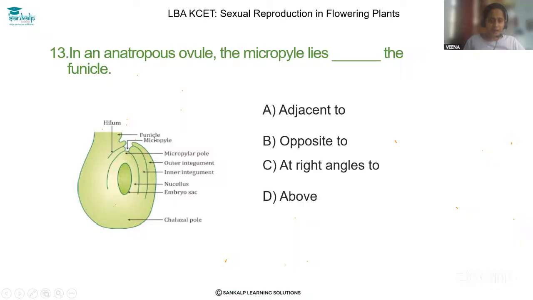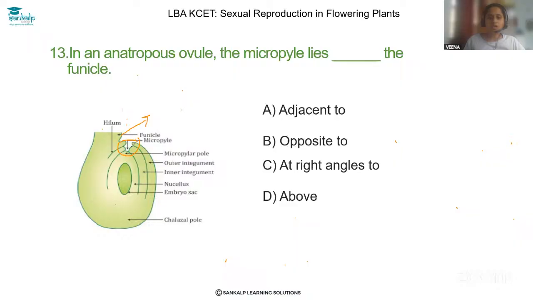And just observe here the micropyle. Here it is the micropyle, a small opening, and that lies next to the funicle, right? And here only the funicle region is there.